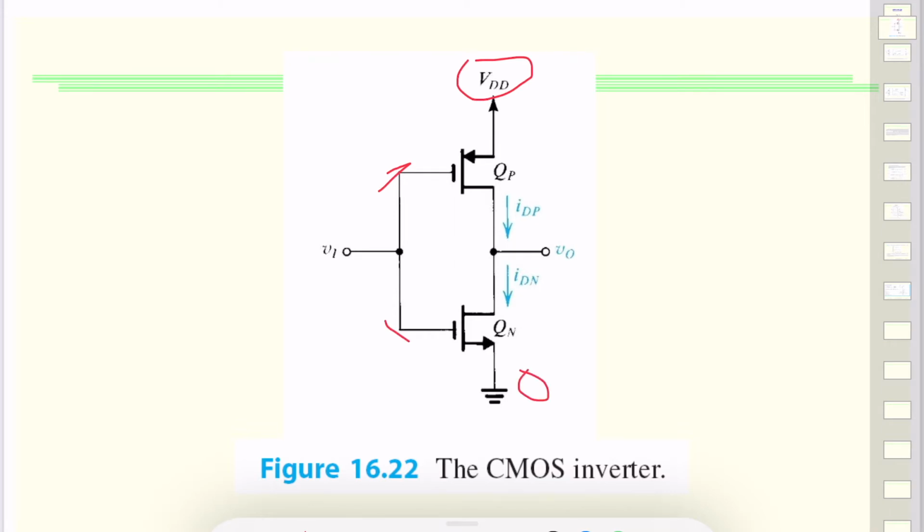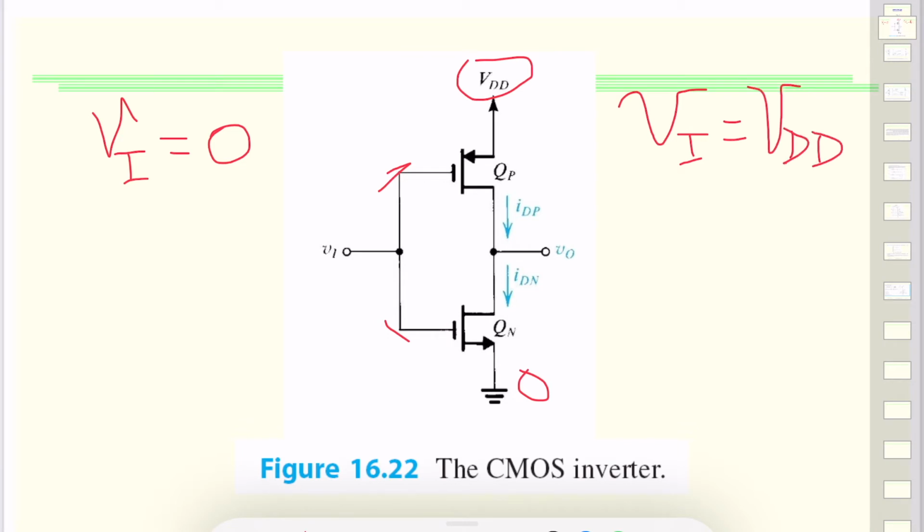So in both cases, at input low and in the case of input equal to the power supply, what would be the situations on these two transistors?